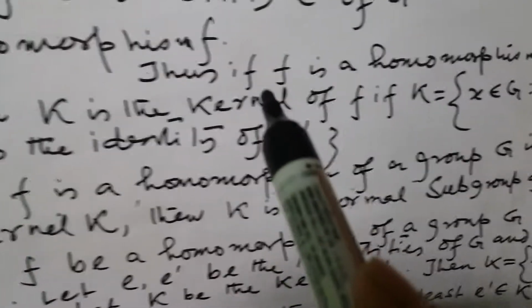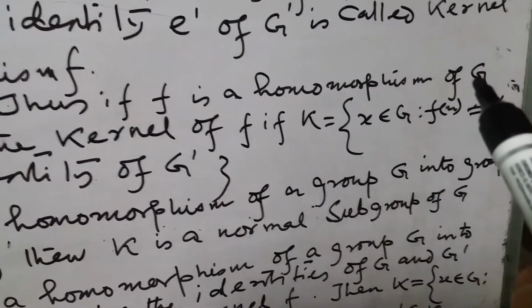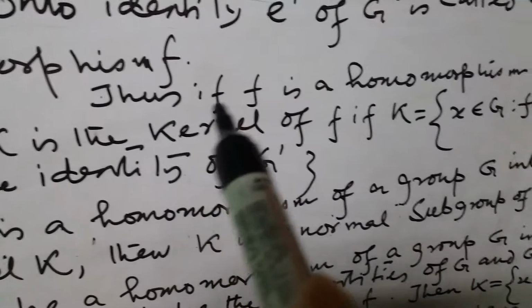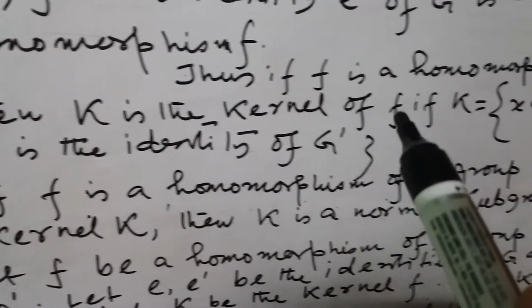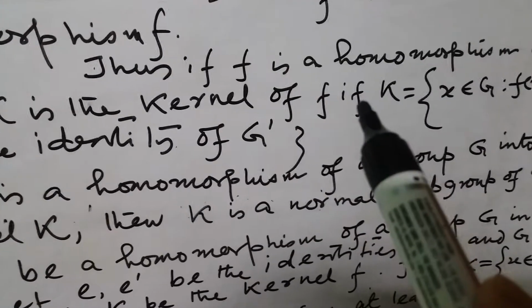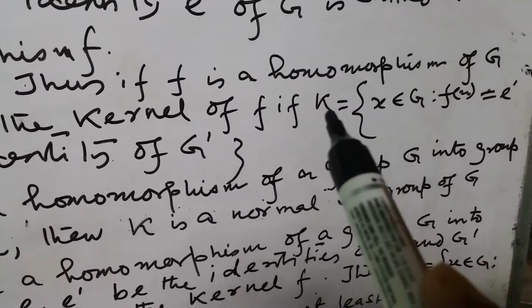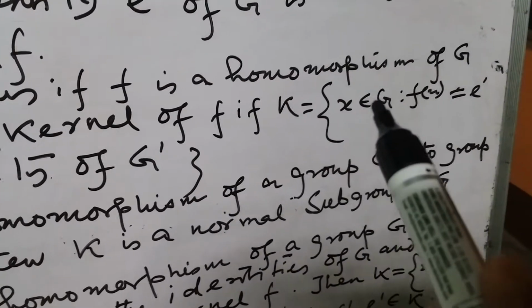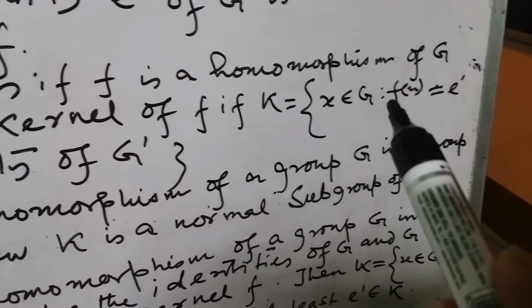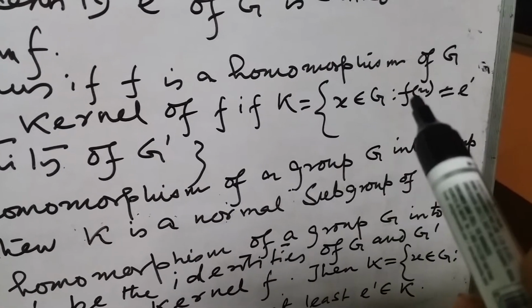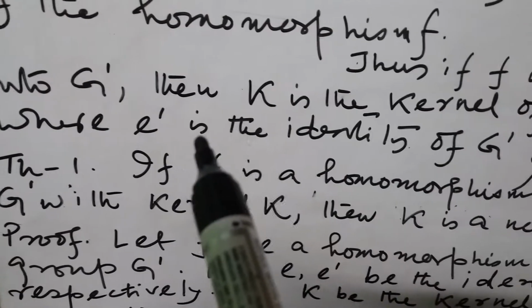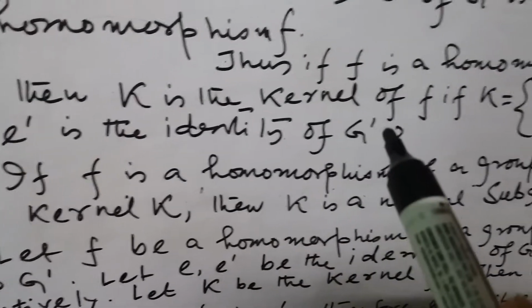Thus, if F is a homomorphism of G into G dash, then K is the kernel of F if K is equal to {x belongs to G, Fx is equal to E dash}, where E dash is the identity of G dash.